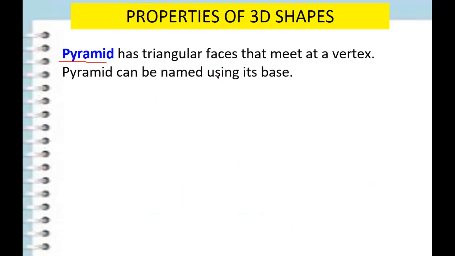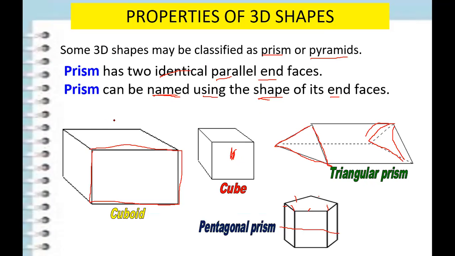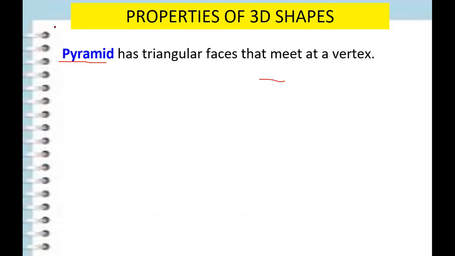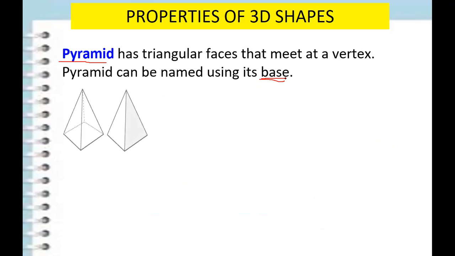Okay, so that will be a pyramid. A pyramid can be named using its base. The prism can be named using the shape of both end faces, like this one and this one. A pyramid can be named using its base. I'll show you now. So this is a pyramid. Look at the faces here.